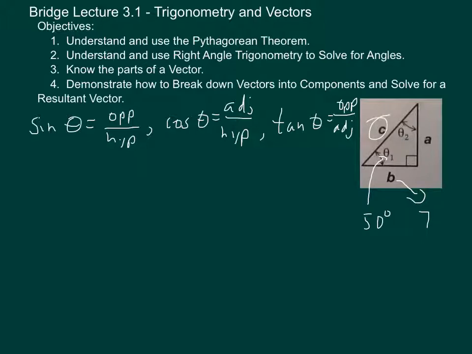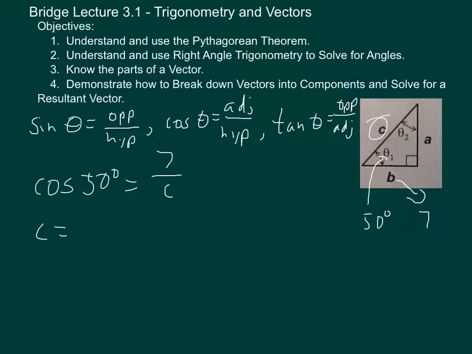So here's how you use the trigonometric functions. You say, okay, we know we have an angle. We have a side and we have a hypotenuse, and the side happens to be adjacent to the angle that we know. So what would we use? Cosine theta. So we would write cosine 50 degrees equals 7 over C. Multiply both sides by C, divide both sides by cosine of 50 degrees.